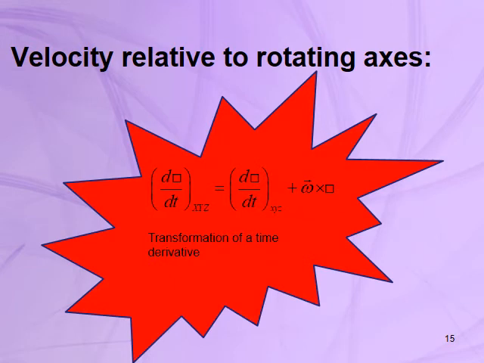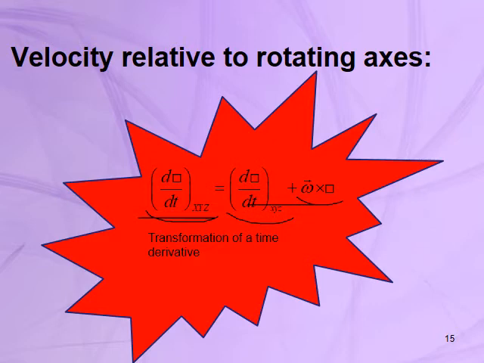This is a very important formula for the transformation of a time derivative. Here you can see this is the derivative with respect to time in a fixed coordinate system, which is equal to the derivative of that parameter in the relative coordinate system plus omega cross that parameter, and omega is the angular velocity of the relative coordinate system.